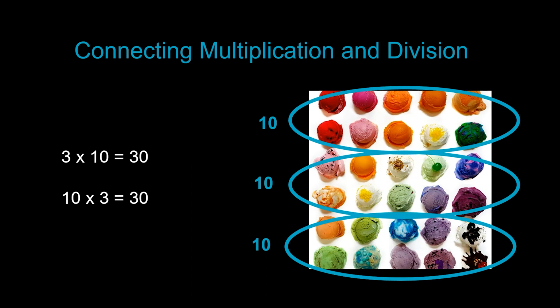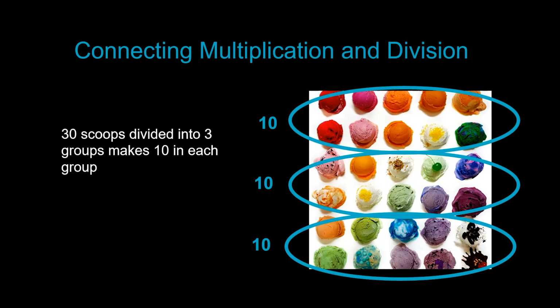What division sentences match with this image? You might have thought about if there are 30 scoops of ice cream and we're dividing them into 3 groups, that gives us 10 in each group.